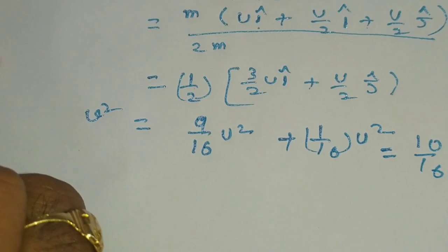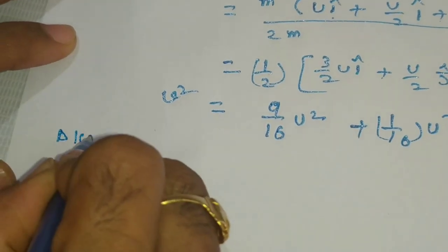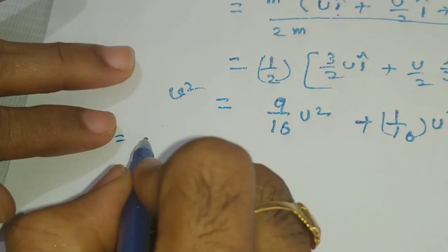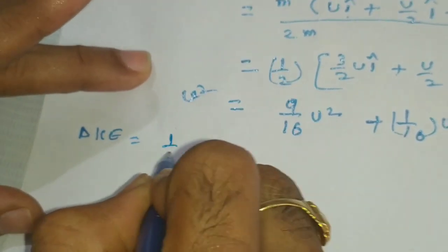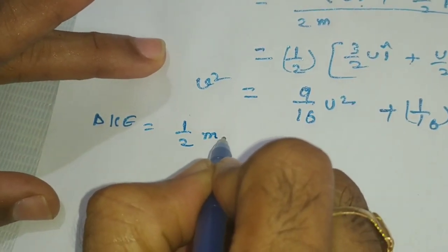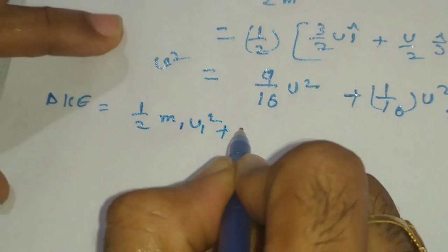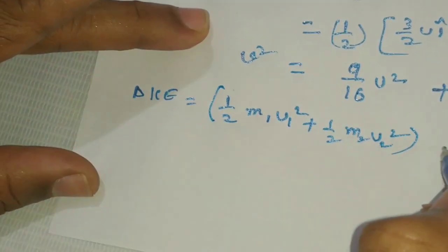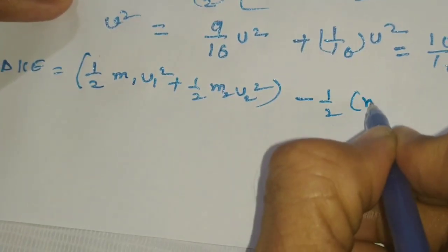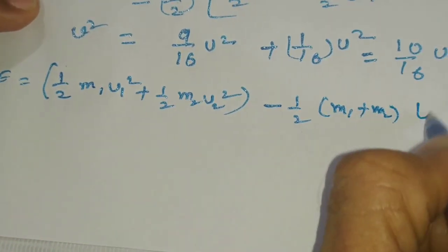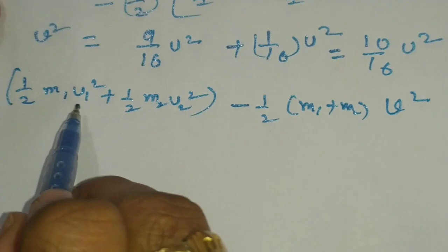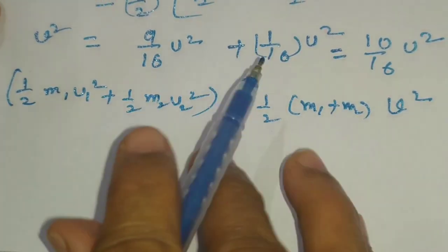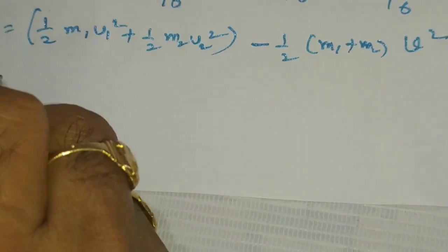Then the loss in kinetic energy, delta KE, in an elastic collision is the sum of initial kinetic energies, half m1 u1 square plus half m2 u2 square, minus half into m1 plus m2 into v square. That's why I calculated the squares of velocities in each case already.